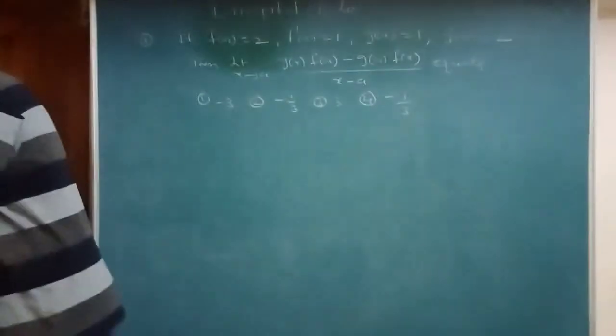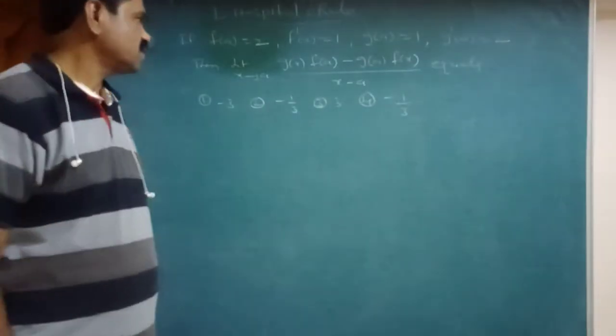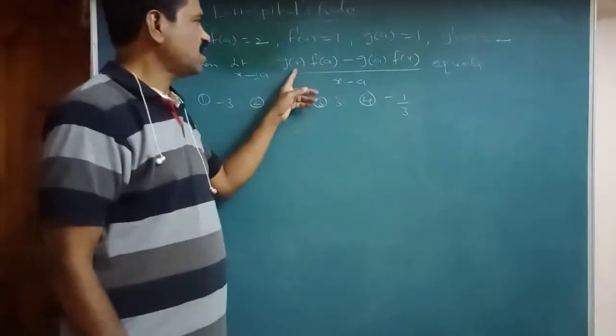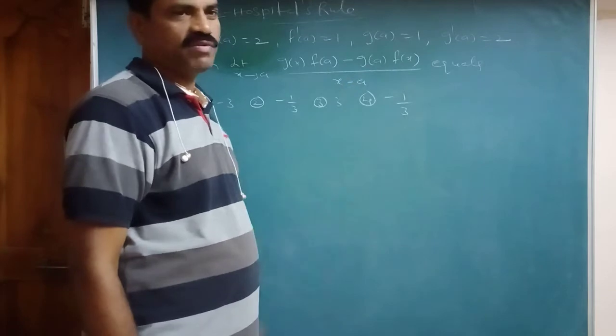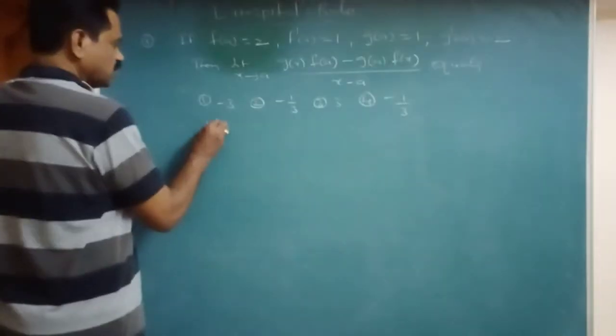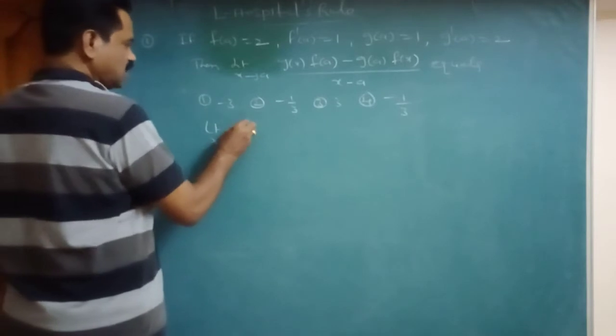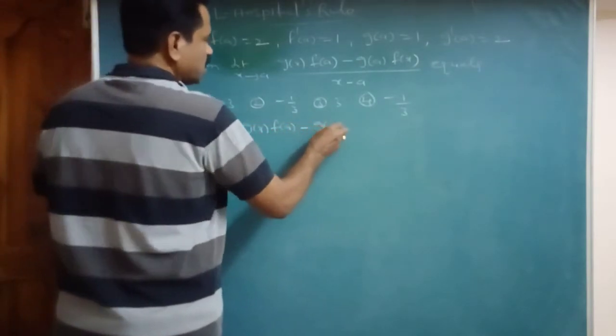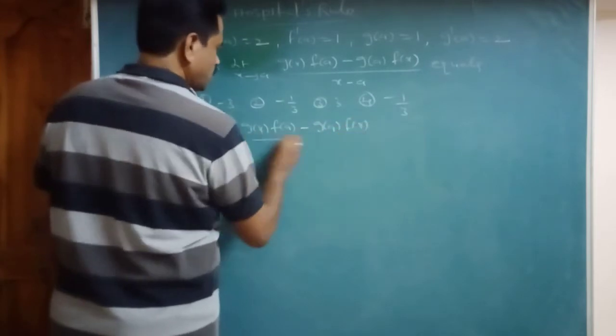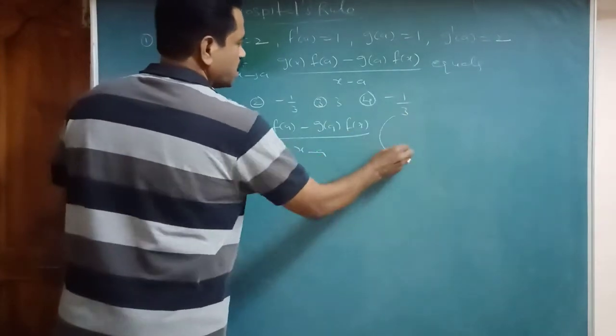Here we know L'Hospital derivative. First, x equal to a, substitute g of a, f of a here. The numerator will be 0, a minus a is 0. So limit x tends to a, if we substitute x equal to a, then we will get 0 by 0.